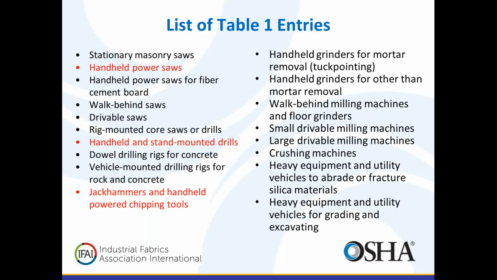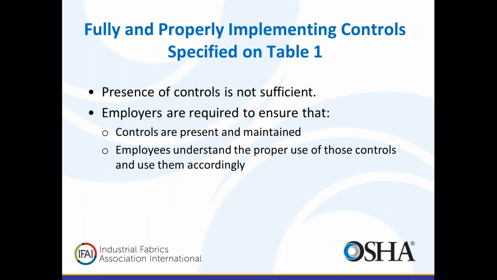If you have something that's not listed, there are options, which we'll talk about in just a minute here. Like I mentioned earlier, this is really important. Just using the right types of tools is not enough. You've got to make sure that the tools are maintained properly and that they're functioning properly.